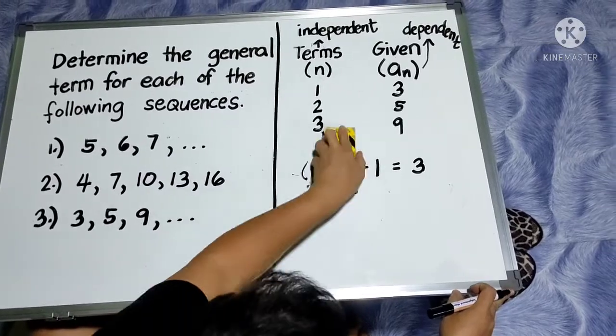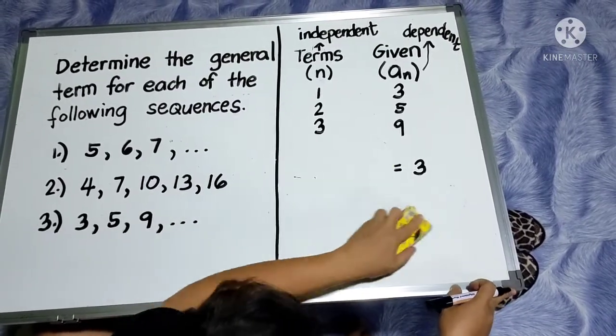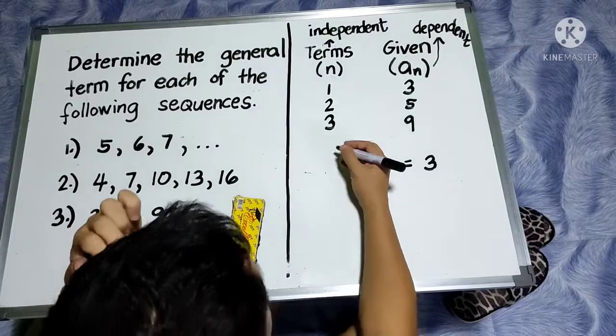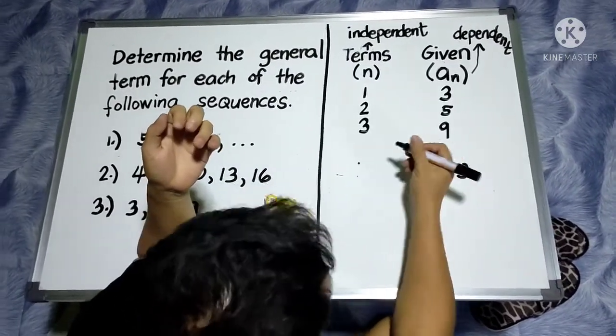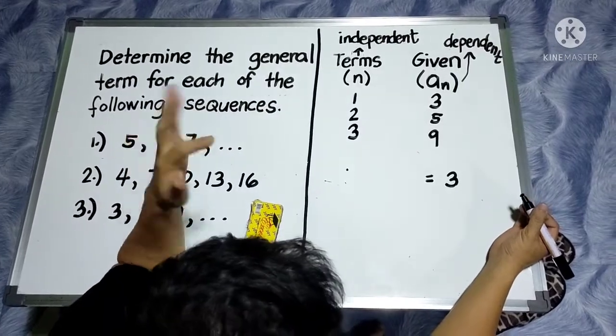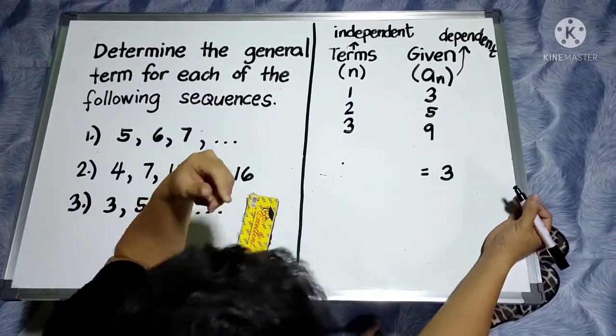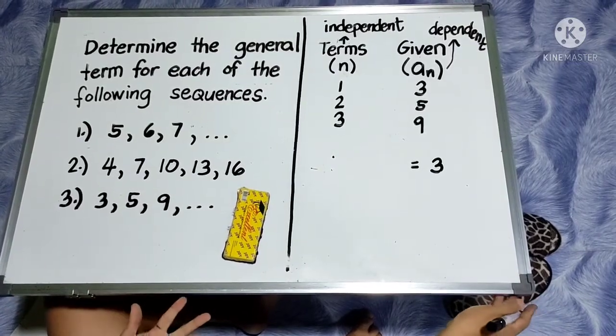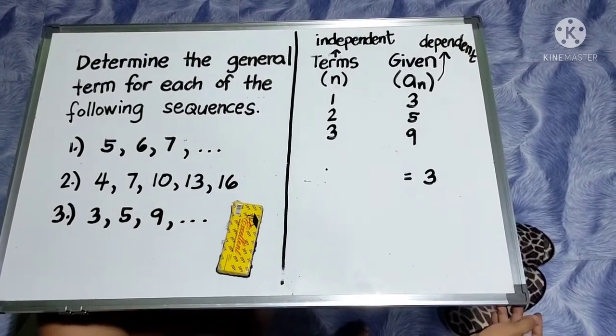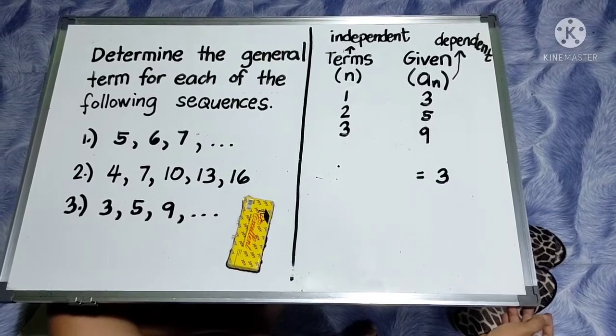Erase. So, this is really the hard part here because you really need to trial and error. So, 1 times 3 is not applicable. Therefore, it is not multiplication. If it is not multiplication, you proceed to division.